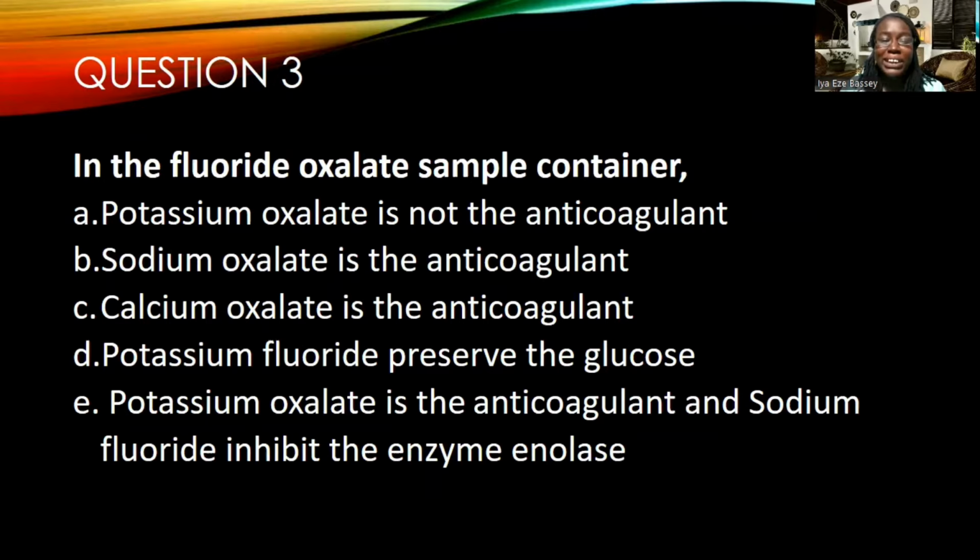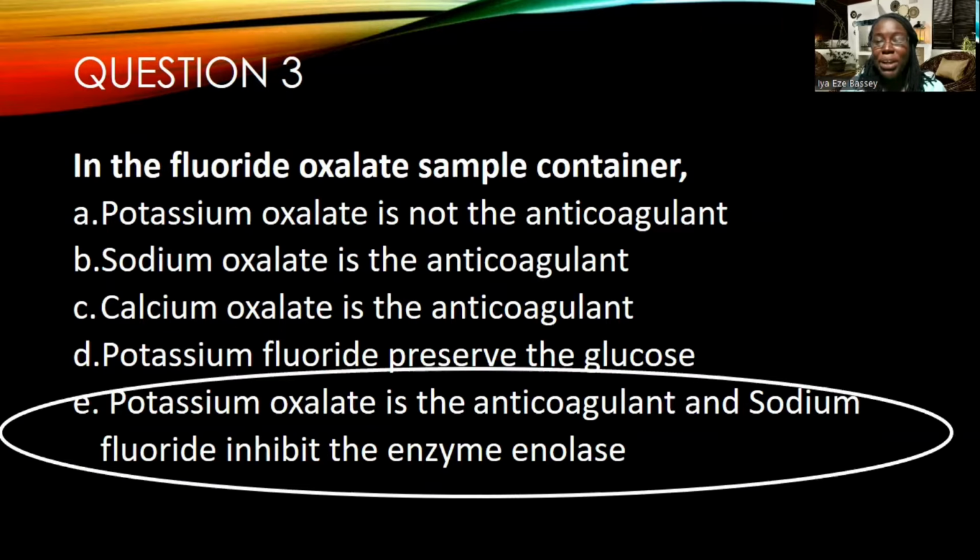E, potassium oxalate is the anticoagulant, and sodium fluoride inhibits the enzyme enolase. E is true because that particular sample bottle contains two things: potassium oxalate, which is the anticoagulant, and sodium fluoride, which inhibits the enzyme enolase, thereby preserving glucose levels.